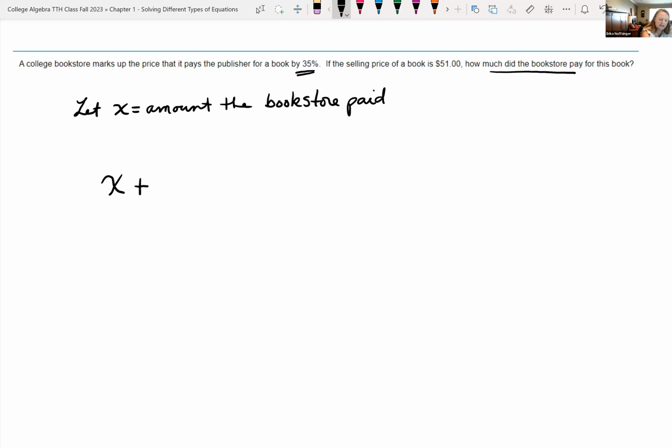So plus, they're going to take 35%. So rewrite that in decimal form. 35% can be written as 0.35 of the price they paid, so times X. We know that this is equal to the price that they're selling the book at, which is $51.